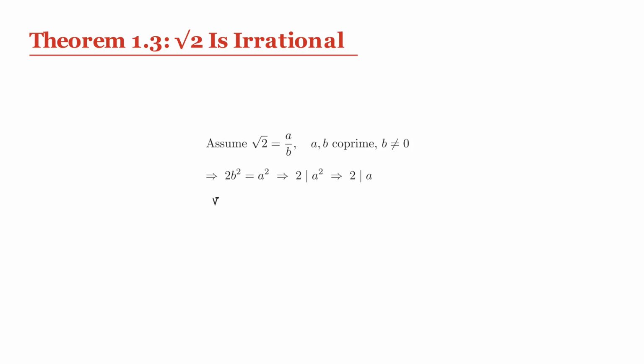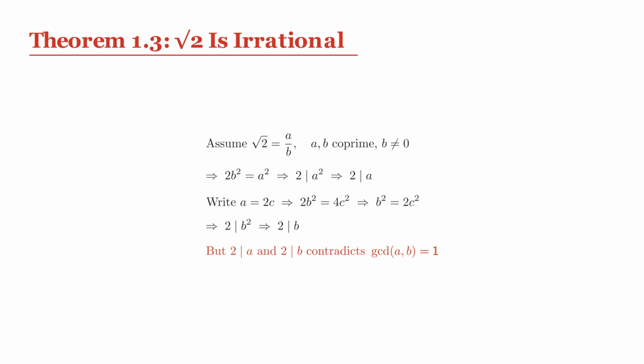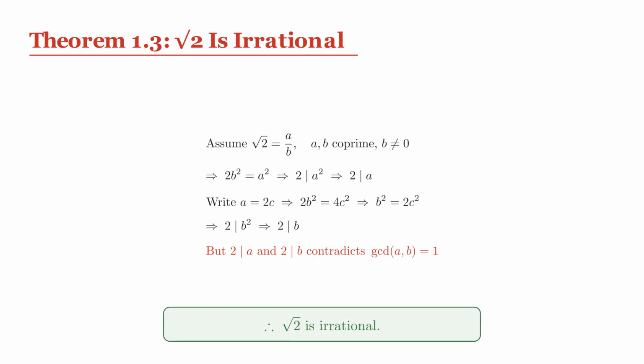Write a equals 2k. Substituting gives b squared equals 2k squared. So 2 divides b squared, and by Theorem 1.2 again, 2 divides b. But 2 divides both a and b, which contradicts the fact that a and b are coprime. Therefore, the square root of 2 is irrational.